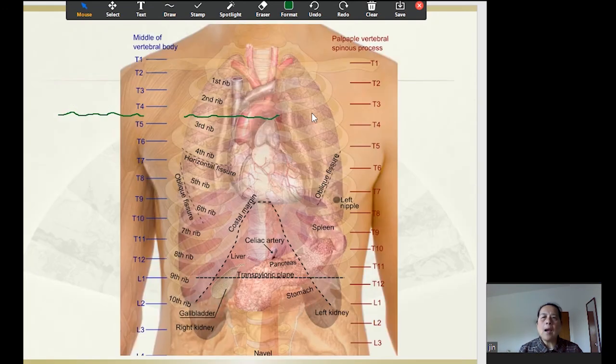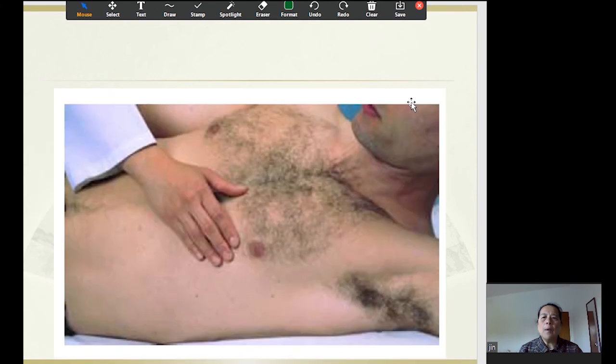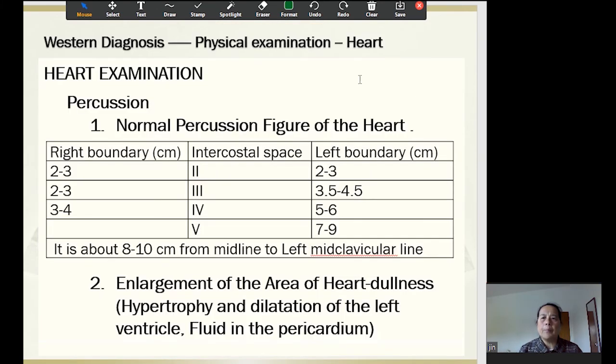And the heart examination is mainly about percussion. That's the third way. Percussion.